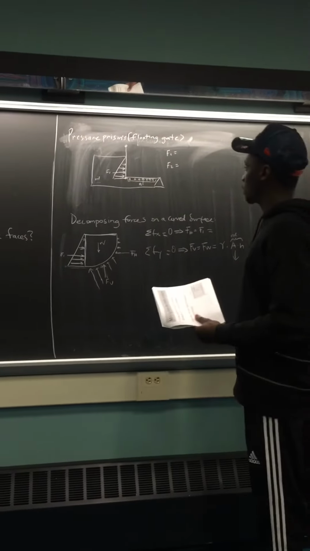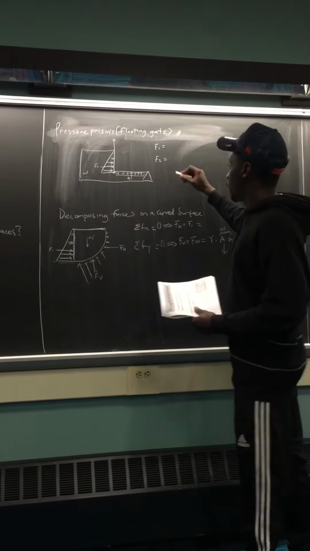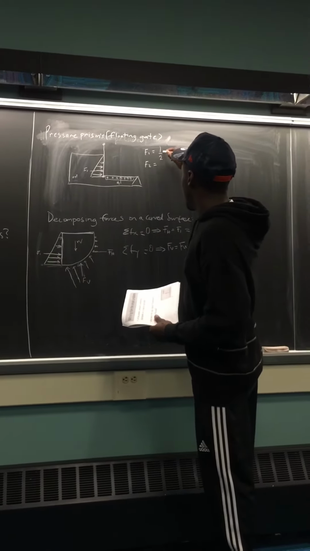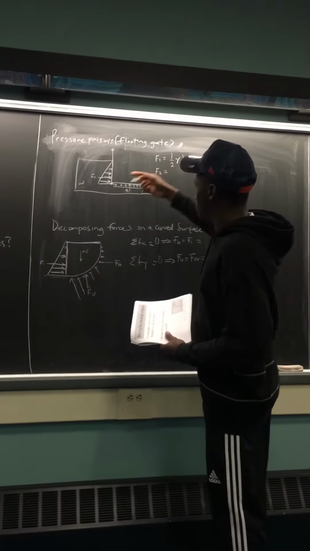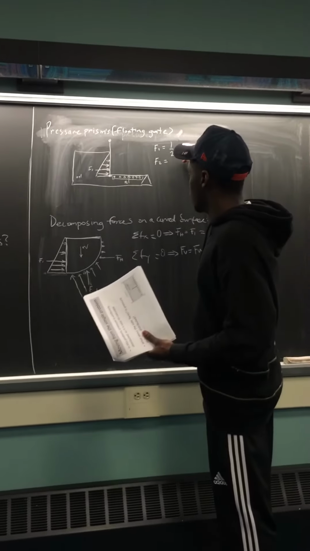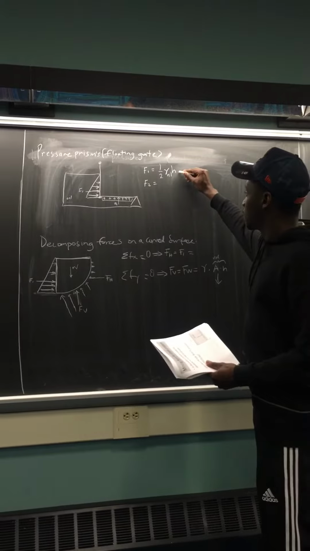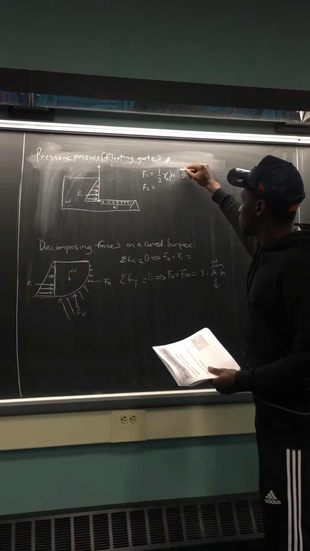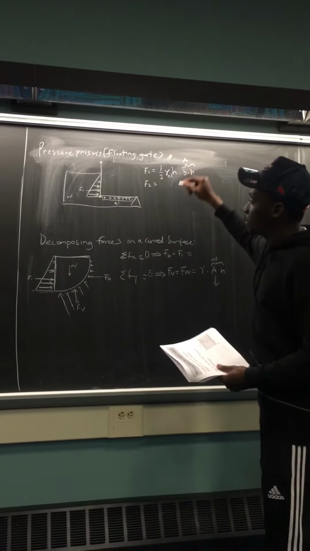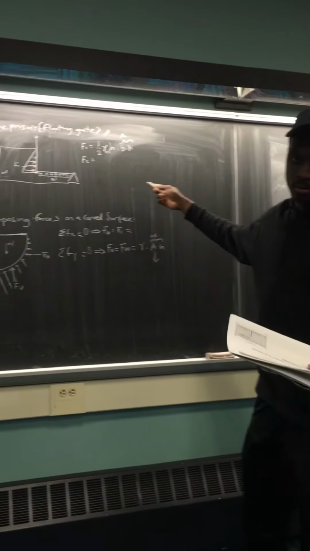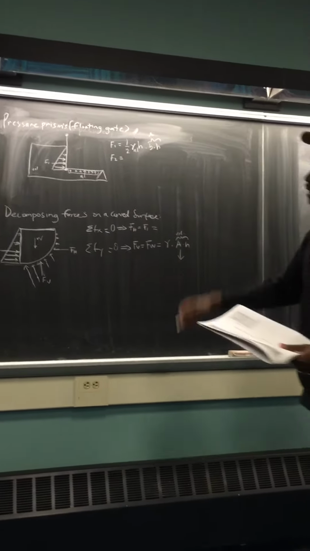So with the pressure prisms approach, to find our force, our formula we use is 1/2 gamma H. And in this case, our gamma here is oil. It could be water or any other substance. So it's going to be 1/2 gamma H times our breadth times our height, which is our area. So in this case, we're considering our substance to be a rectangle, which that's why we have breadth times height.